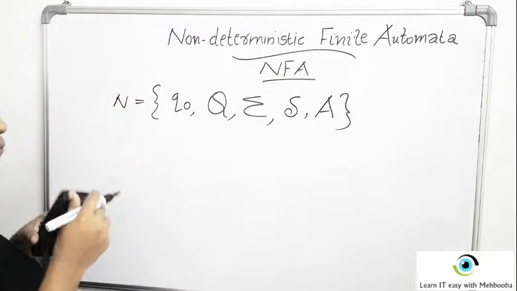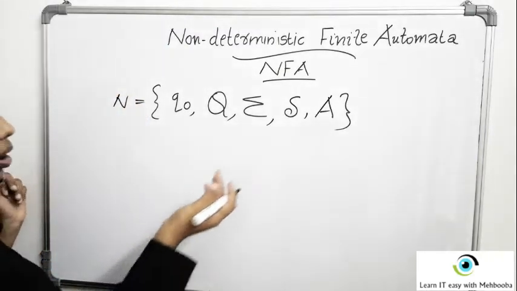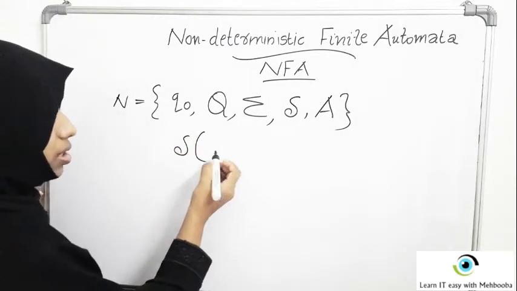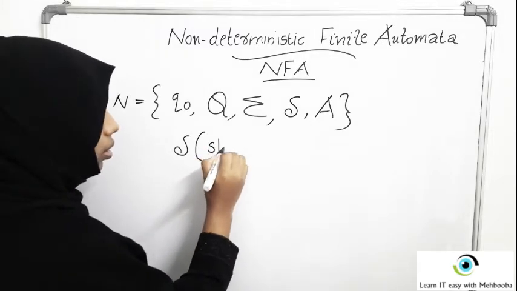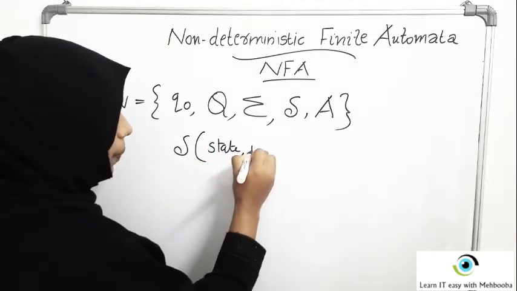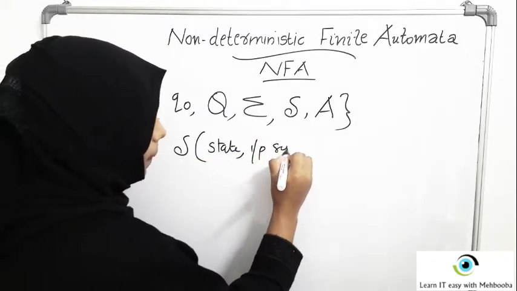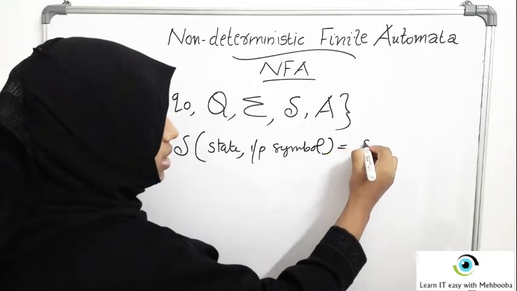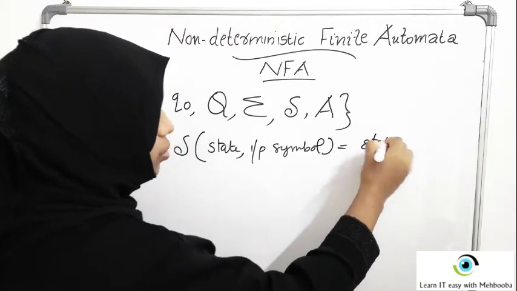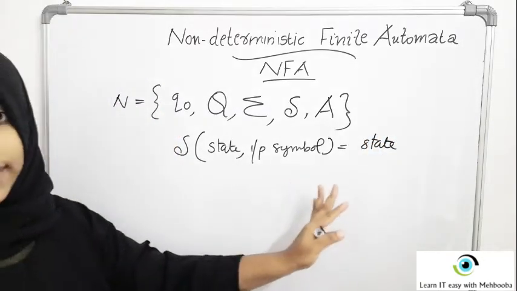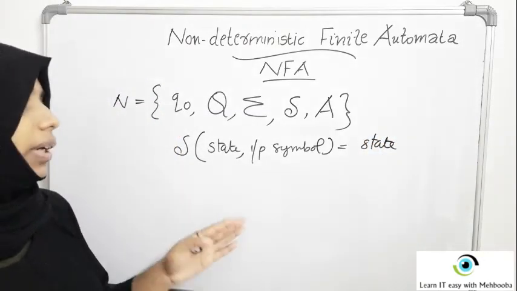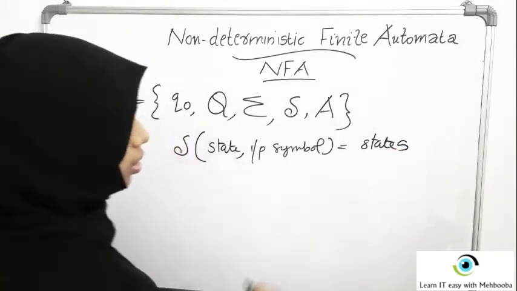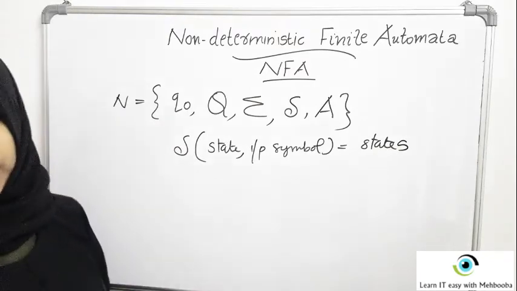The only difference is that in case of a DFA, delta takes as its arguments a state and an input symbol, and it used to output a single state, isn't it? This was the transition function for DFA, but in this case it can output some states, more than one state.